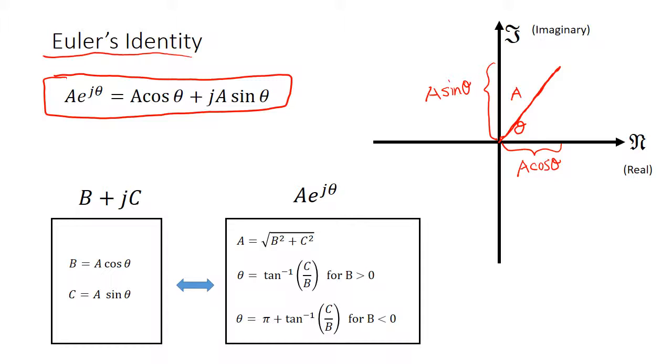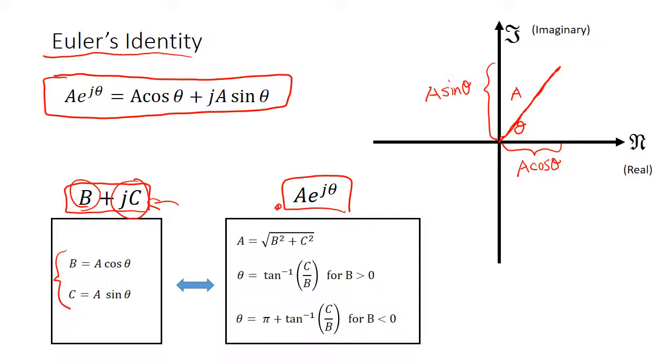This way you can see how you can convert between your more traditional Cartesian coordinate form and polar coordinate form. If you had the polar form here and you wanted to convert it into Cartesian form, you can use these relations that we just graphically saw to find what b and c are.